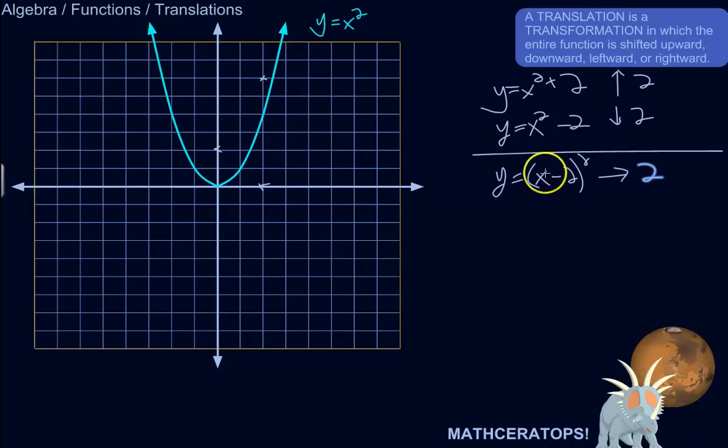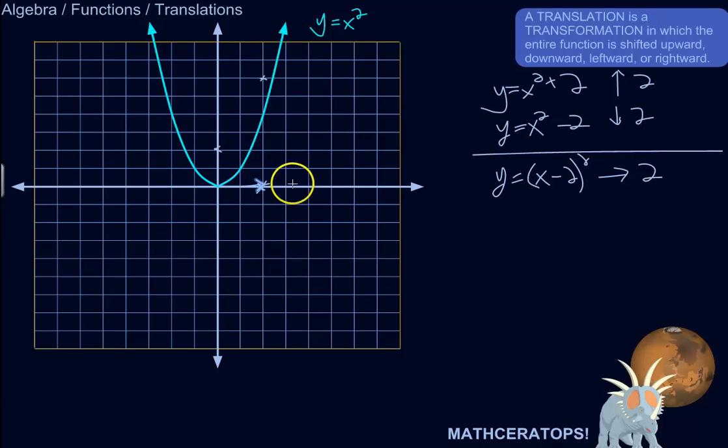You might think left because it's negative, but let me show you why. Take, for example, the point 2 again. 2 squared is 4, but if I've got x minus 2, it'd be 2 minus 2 is 0, 0 squared is 0, so I'd be down here. So this point, in essence, would move 2 to the right.